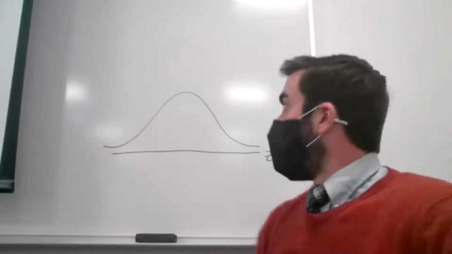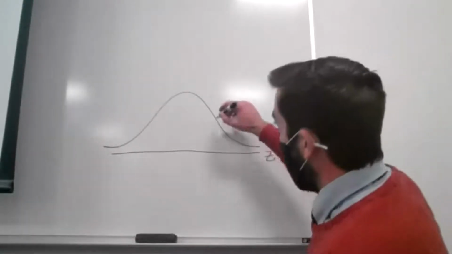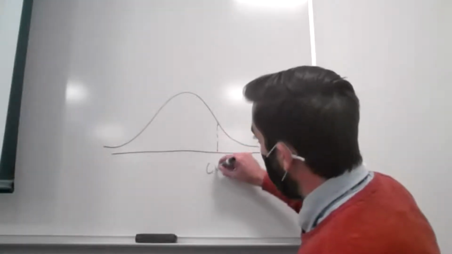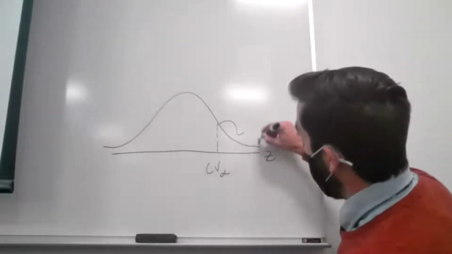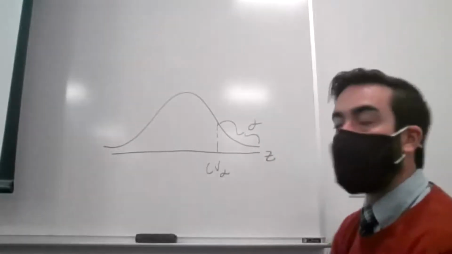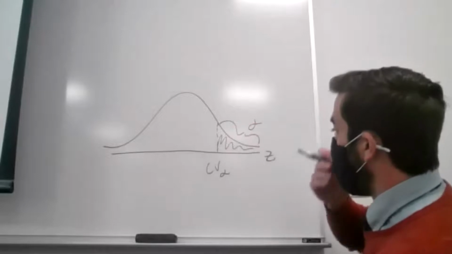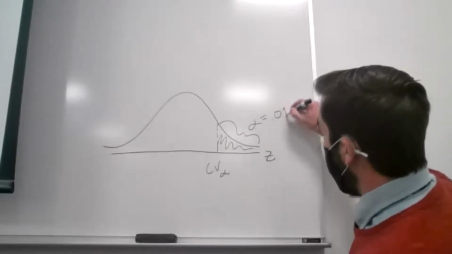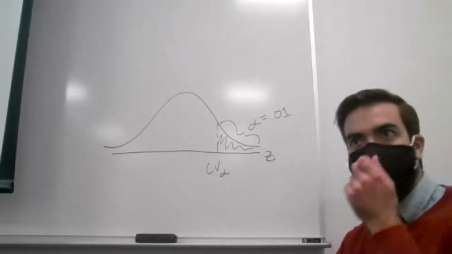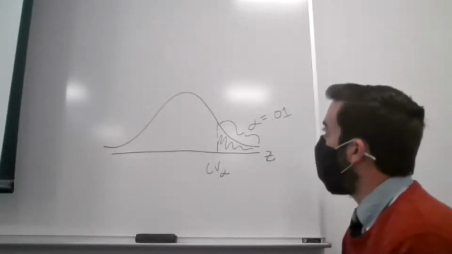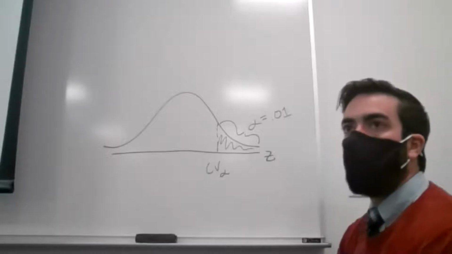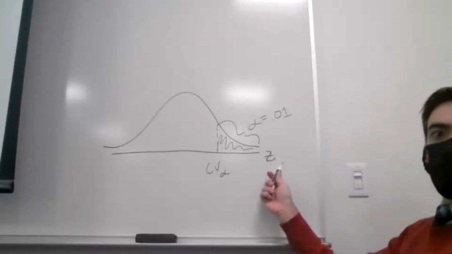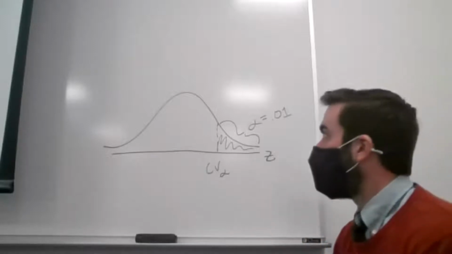So critical values, we had a right-tailed test, would be the z value that gives me alpha in this right tail. So let's say we want to look up that first alpha of 0.01. If I want 0.01 in the upper right tail, well, I'm looking at that standard normal distribution. How would I use the table to find that?